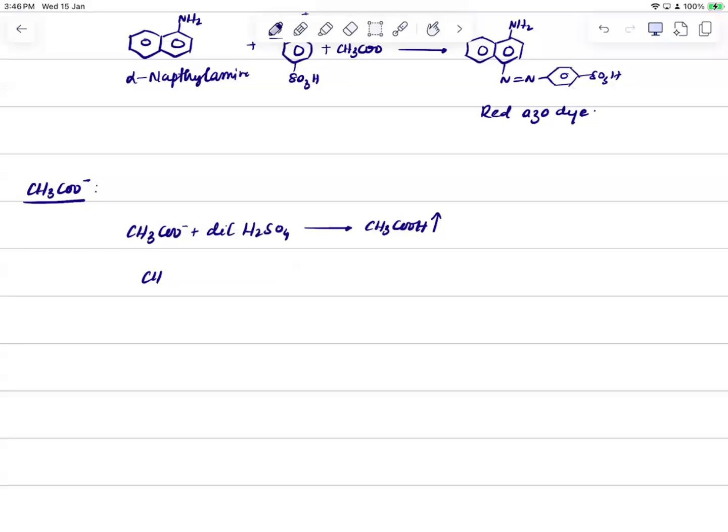Okay, so this is vinegar vapors, and when you treat with ethanol, it will convert into a fruity smelling liquid, which are esters. Okay.